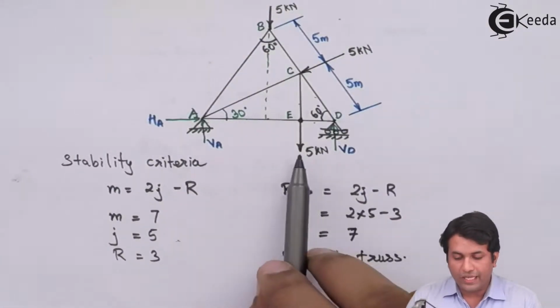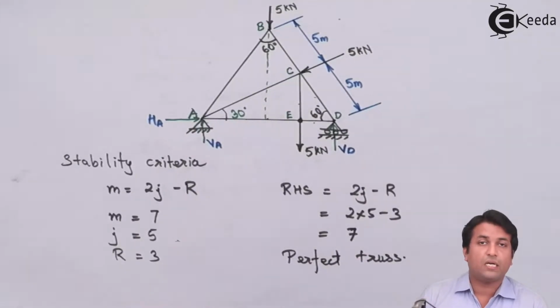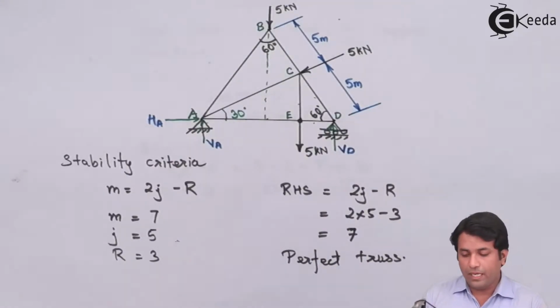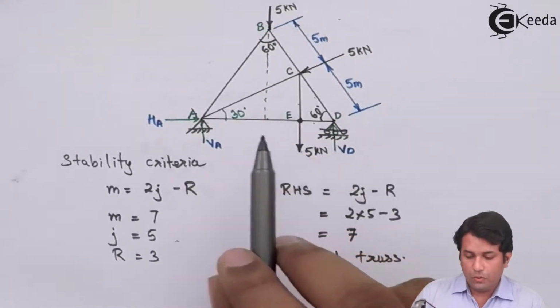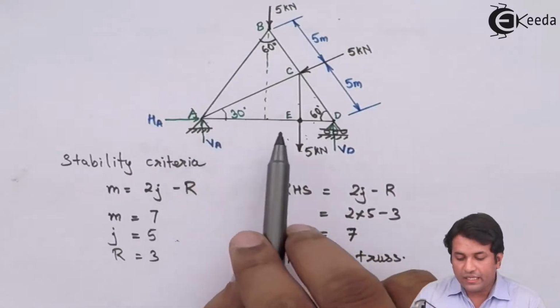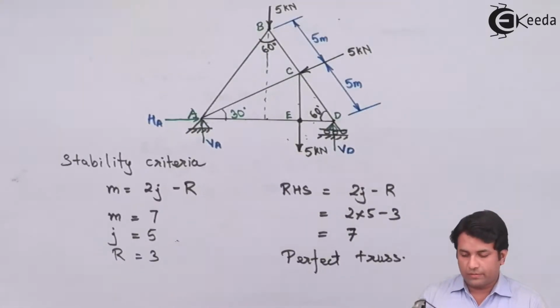Now what happens about this 5 kilonewton force? This 5 kilonewton force is again going to create a clockwise moment. So that would be again a negative direction for me. So that would be minus 5 into the horizontal or the perpendicular distance over here. The perpendicular distance in this case would be 7.5 meters.